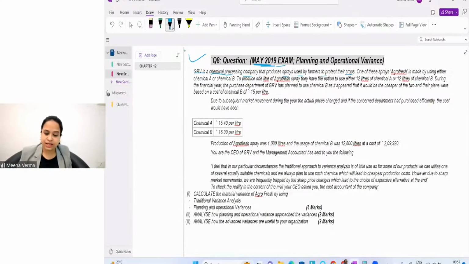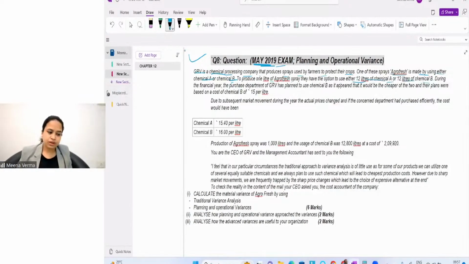One of these sprays, AgroFresh, is made by using either chemical A or chemical B. To produce 1 liter of AgroFresh spray, they have the option to use either 12 liters of chemical A or 12 liters of chemical B. They have the option. The same kind of chemical is available to produce one final good. You can use either A or B.